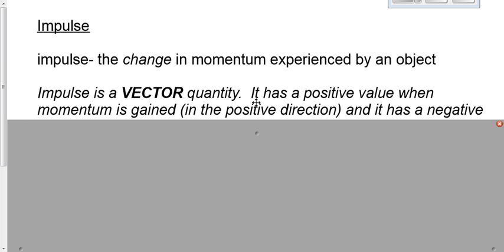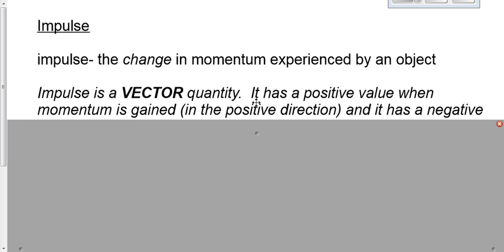What do I mean by that? A car is going to the north and it speeds up. It's gained momentum going in the positive direction. You're walking to the east and you're speeding up. You're gaining momentum in the positive direction. A positive impulse when you gain momentum in the positive direction.